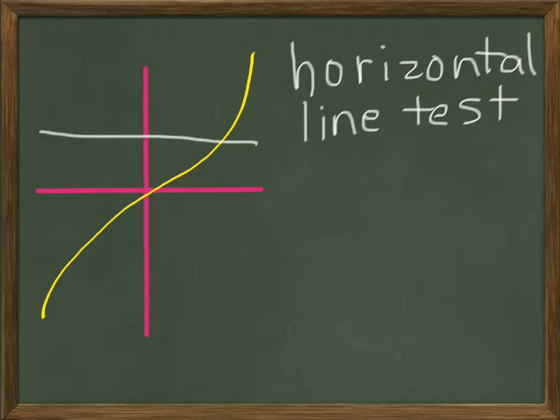So we draw a horizontal line across our graph, and we can draw this in any place, but if the horizontal line only crosses the graph one time, every time you draw a line only crosses one time, then the inverse of the function represented by the graph is also a function.